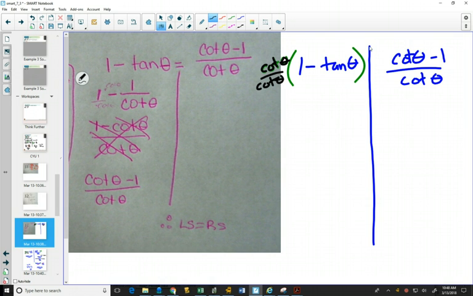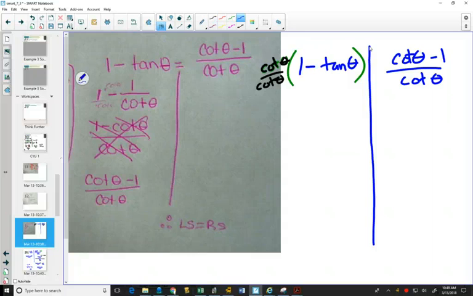I can take that whole side and multiply it by cotangent theta over cotangent theta. That's allowed because what am I multiplying by? What is cotangent divided by cotangent equal to? 1. And anytime you multiply by 1, you're not changing what it's equal to.